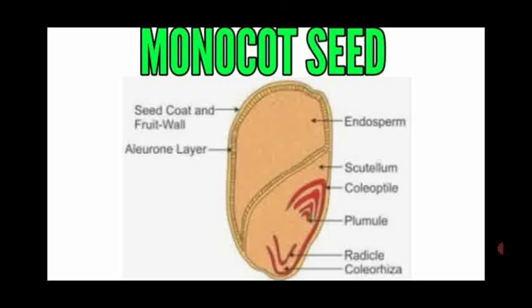On the base of the embryo, they are having the radicle region covered by a sheathy structure called coleorhiza. The tip of the radicle region is covered by a root cap. Afterwards, it gives rise to the root system. This is the structure of monocot seed, example, Oryza sativa.